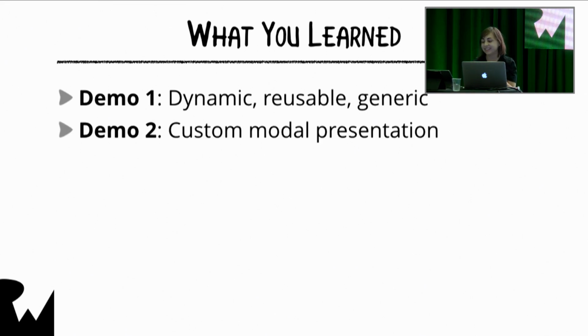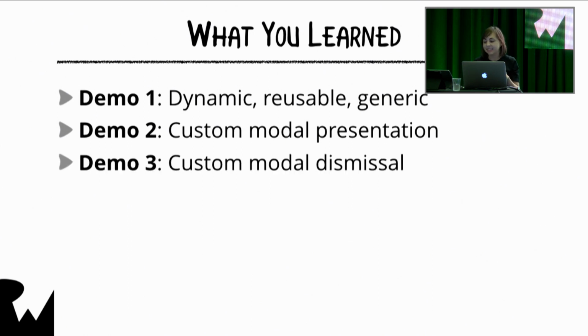Next, we learned how to create custom modal presentations and actually implement the Apple App Store one, which arguably, in my opinion, is one of the more beautiful transitions out there. And last, you learned a nice little trick of how to create UIView snapshots and use scroll view to interpolate an interactive dismissal transition. So that is a lot. Good job.